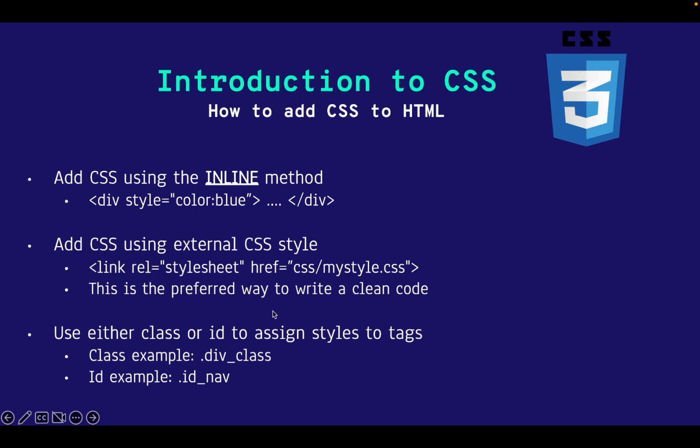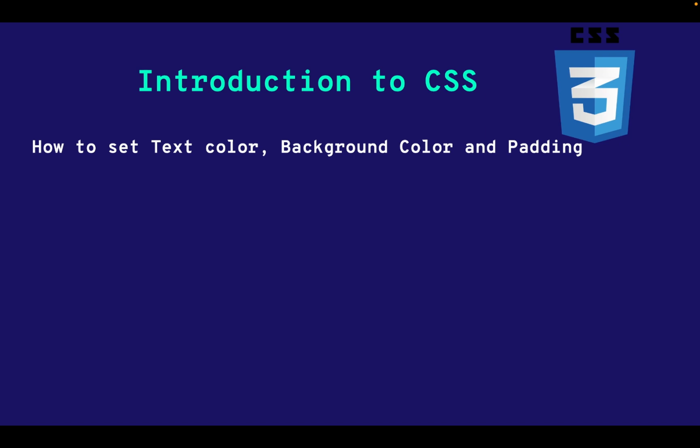So now let's look at examples of what we can use CSS for. There are a lot of things that we can use CSS for, but today I will show you how to use CSS to change the color of your text, the background of a div, and how you can add padding, and I'll explain to you what padding is.